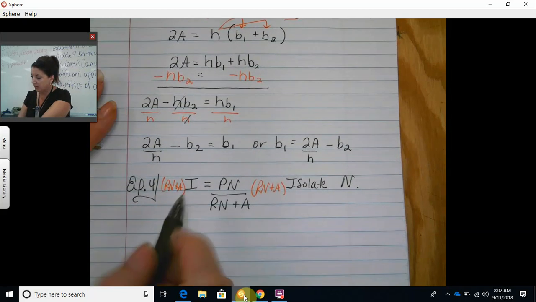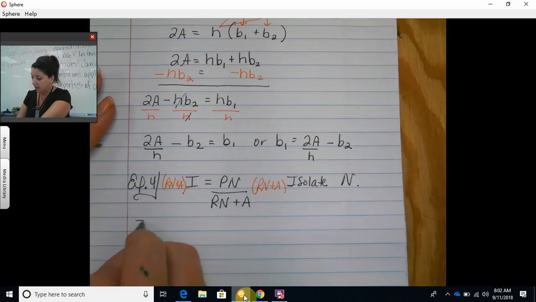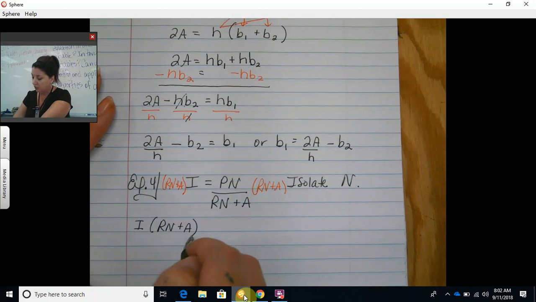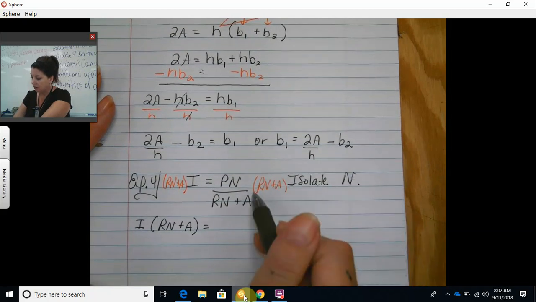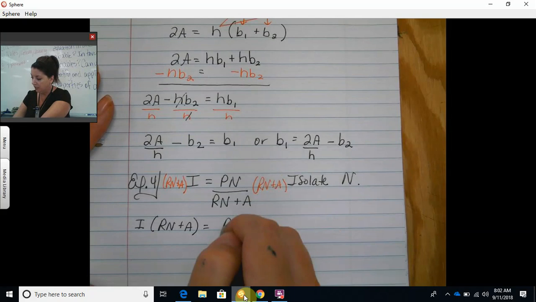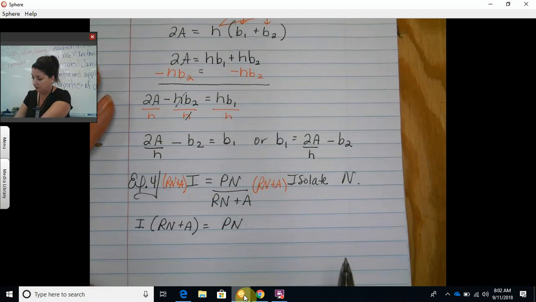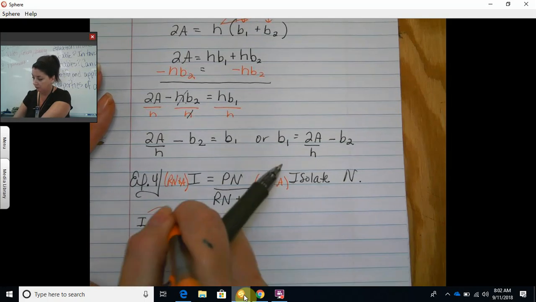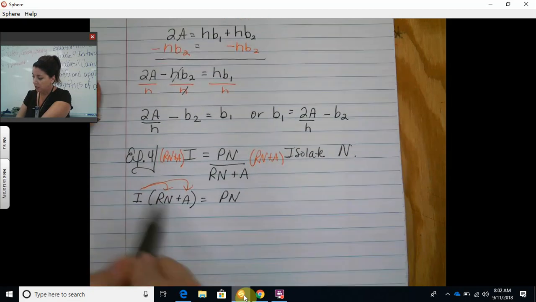So on the left side, I'll put the single term first. I have I times Rn plus A equals, on the right side, the Rn plus A's cancel, and I'm left with Pn. Let's distribute, yes. So I times Rn would be IRn.